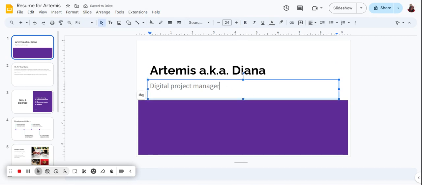Below that is, what is their title? What is a professional title? What would Artemis be? Well, she definitely knew how to take care of the forests. She was the protector of all the animals and nature. So let's call her an environmental scientist.